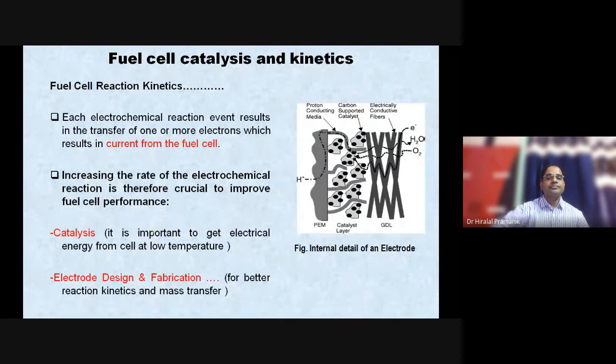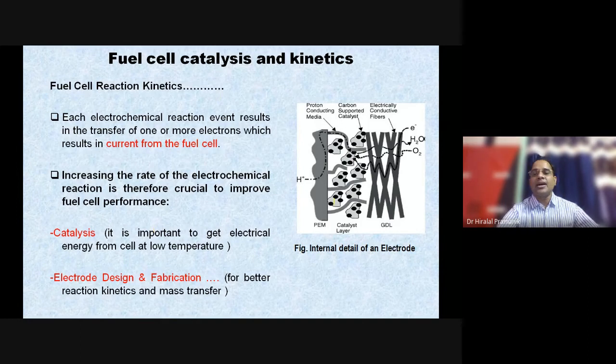If you see the fuel cell reaction, it is basically heterogeneous. This is the electrode structure, where there is a catalyst within the electrode, and the fuel will interact at the catalyst surface. The three-phase contact is very, very important. Wherever there is a catalyst, the fuel will go and interact with it, and H plus ions will be formed. At the same time, there must be an ionic conductivity path from the catalyst sites to the electrolyte.